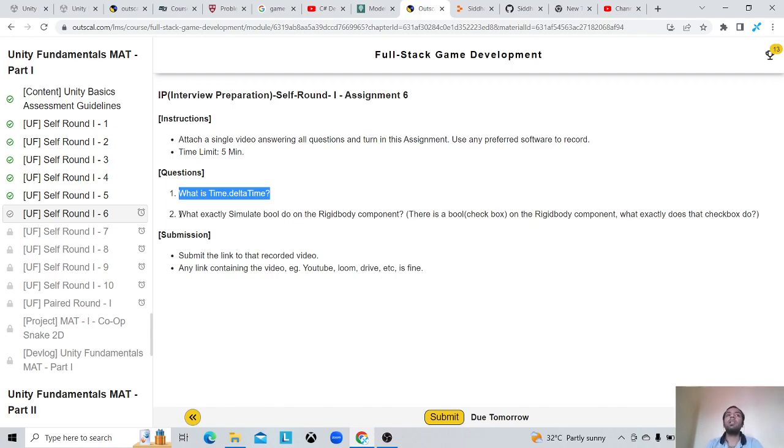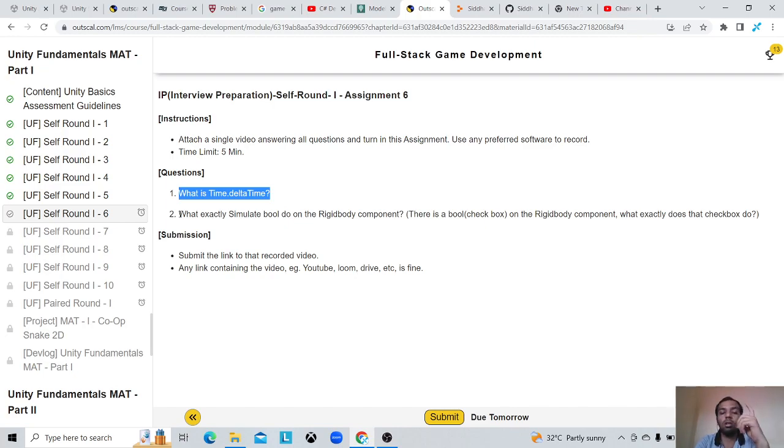So the object on the 60 fps PC will move 10 multiplied by the value of Time.deltaTime, which would be 1 divided by 60.